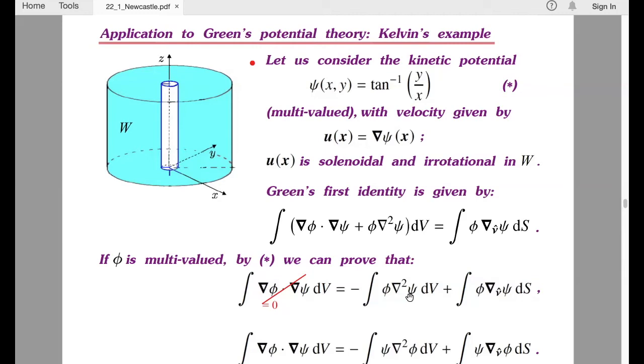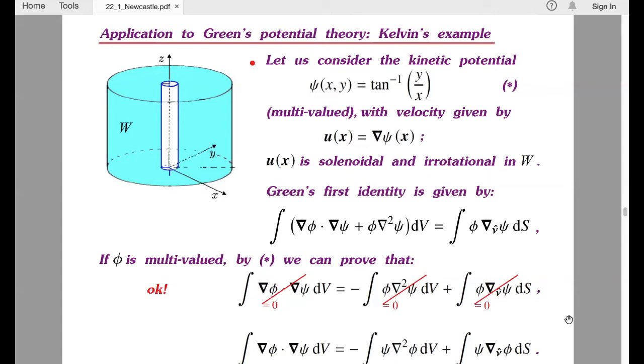So psi is harmonic in this volume V. And then by using cylindrical polar coordinates, you can prove that also this quantity is 0, and this quantity is just the surface integral of phi times the directional gradient of psi along the normal direction nu to the surface of V. And this is also 0, as I said. So all this is satisfied.